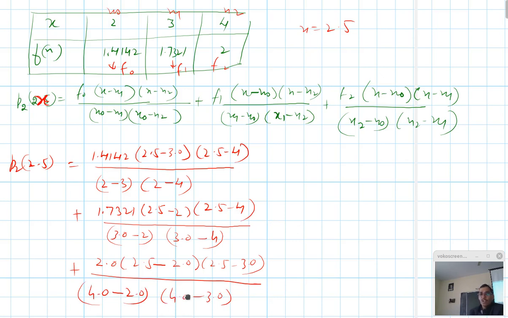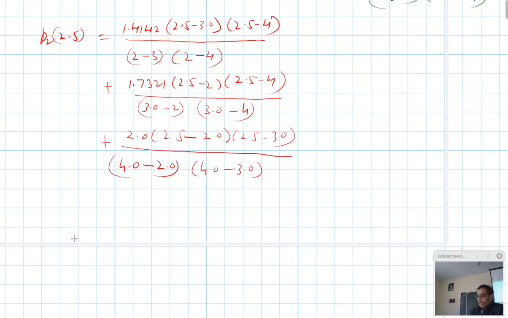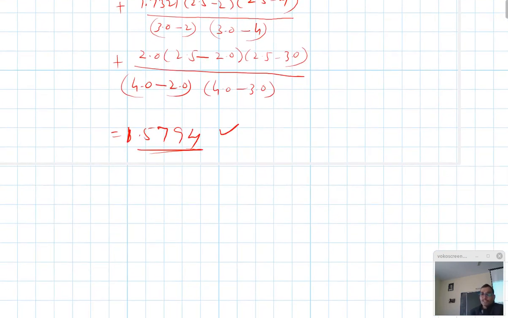When I solve this, the result I am getting is 1.5794.